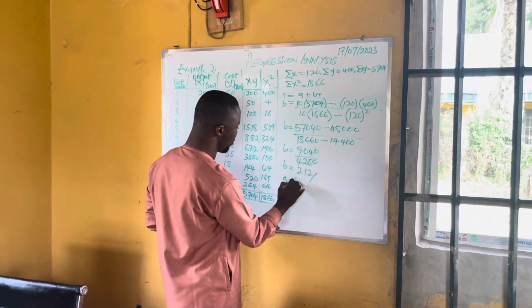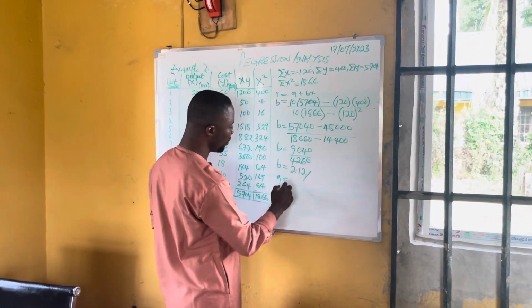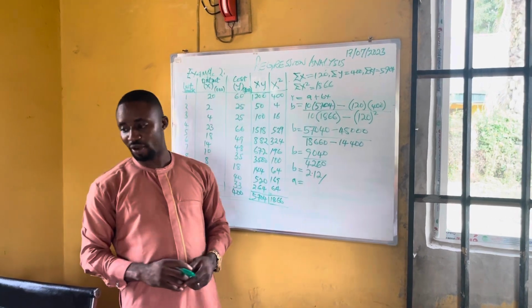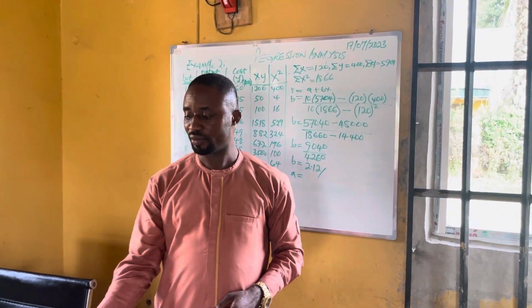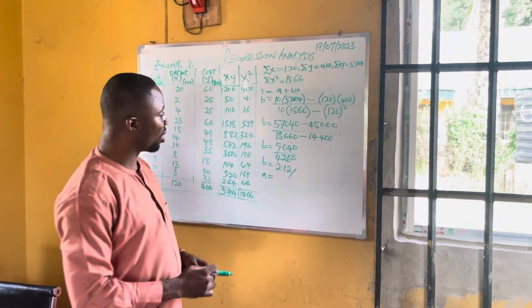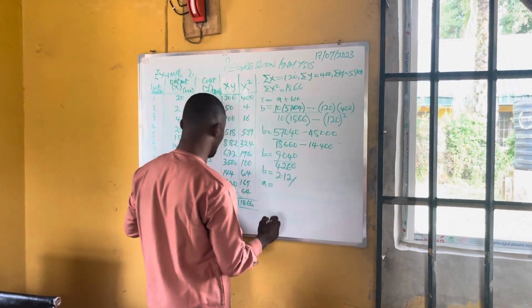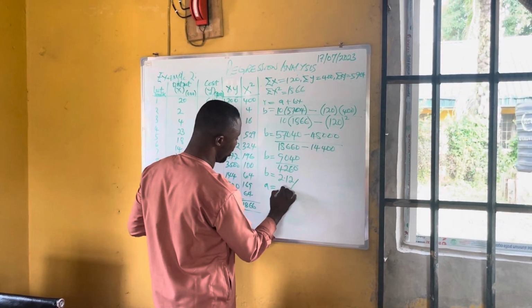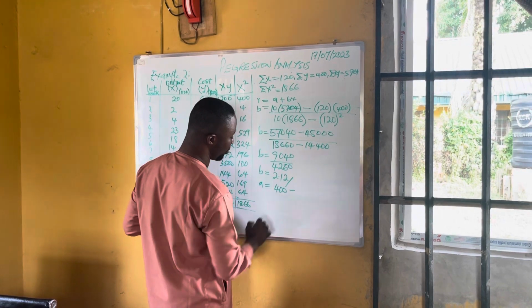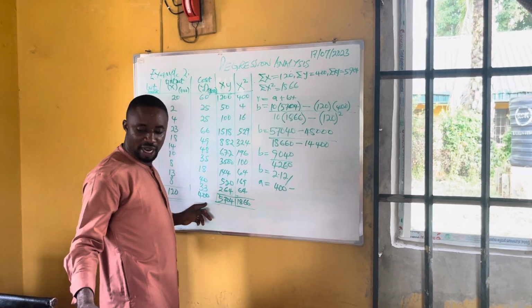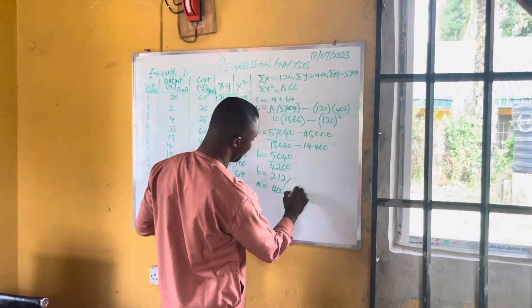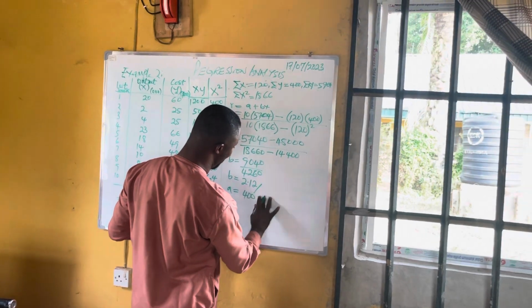Now a is equal to what? Check your formula so we don't make mistakes. a is equal to summation y, which is 400, minus b times summation x. b is already 2.12.